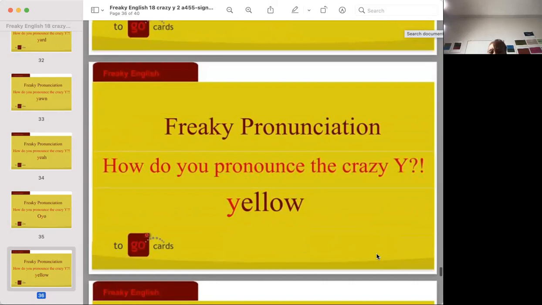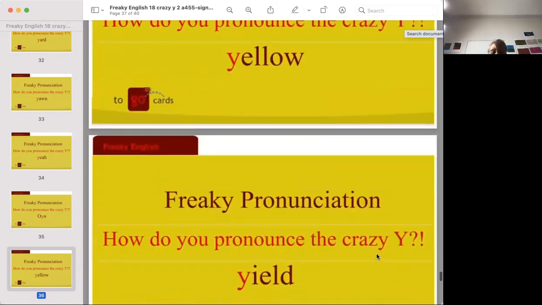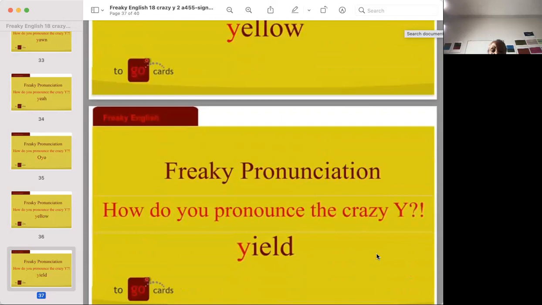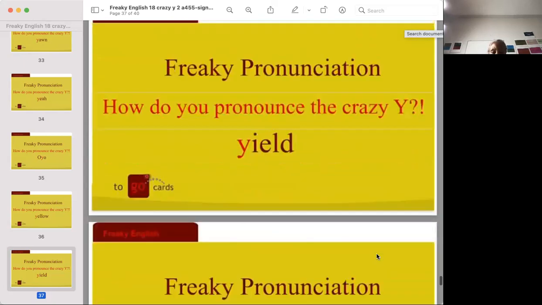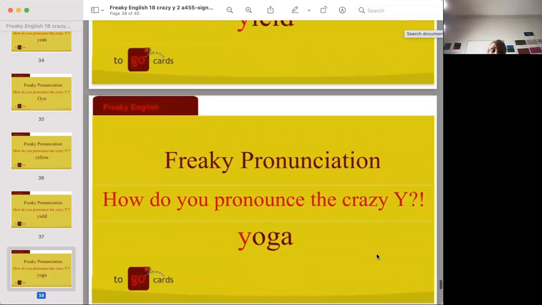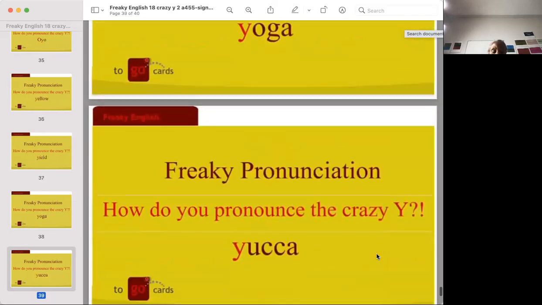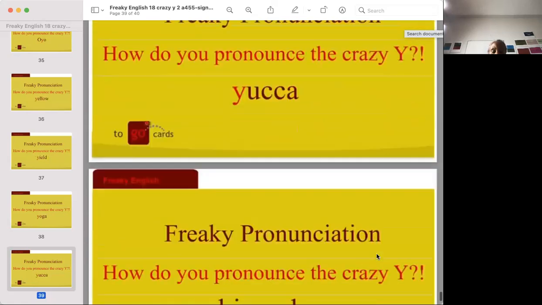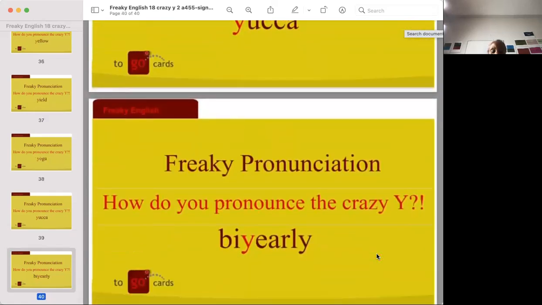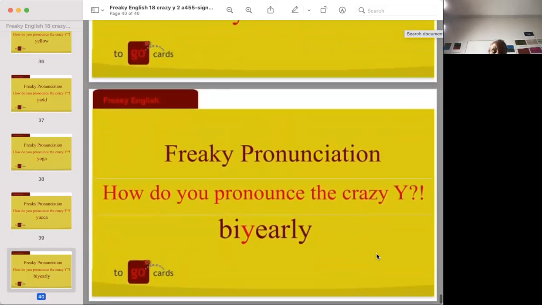There used to be a song back in the day. Yield, to temporarily stop for someone, you'll see that as part of traffic signs. Yoga, yucca, bi-yearly, twice a year, by being twice.